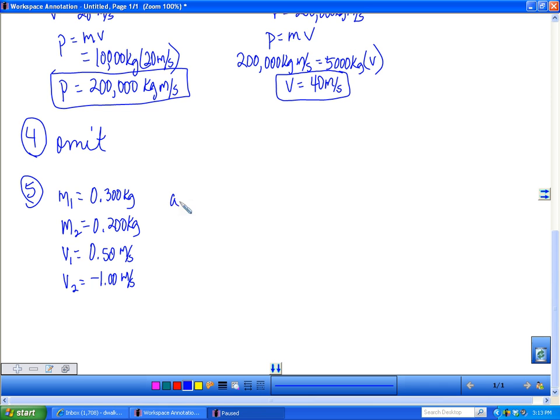They're going to collide and stick together for part A. So I'm going to have M1 V1 plus M2 V2 equals M1 plus M2 times the common velocity V prime.